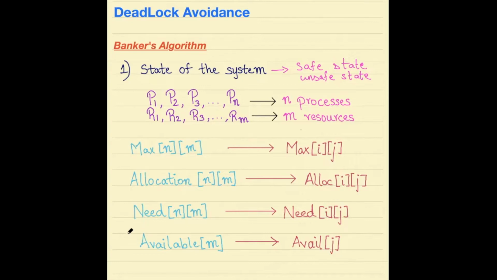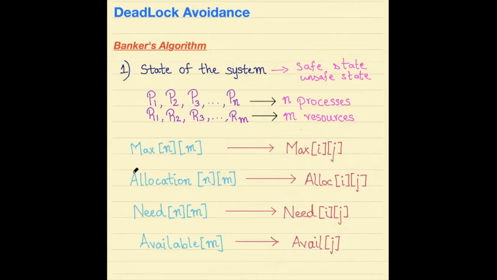Let us assume there are n processes and m resources available. Max of n by m says what the maximum resources needed by each of the n processes for the m resources are.